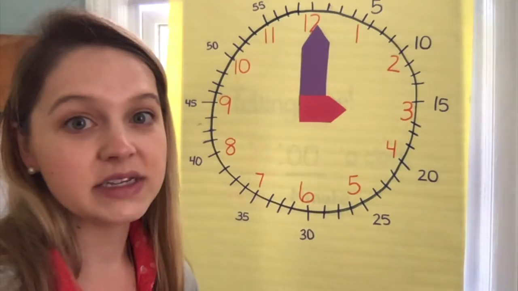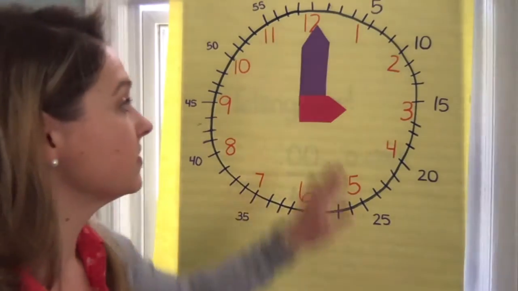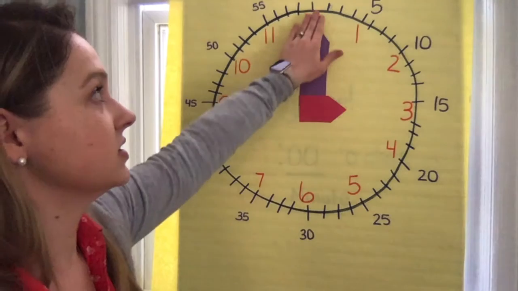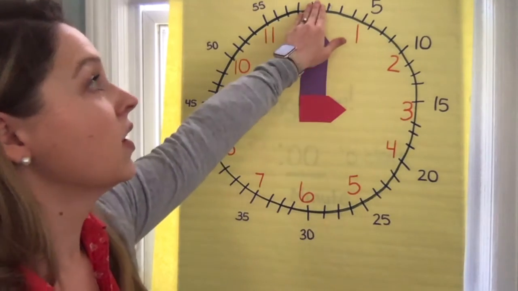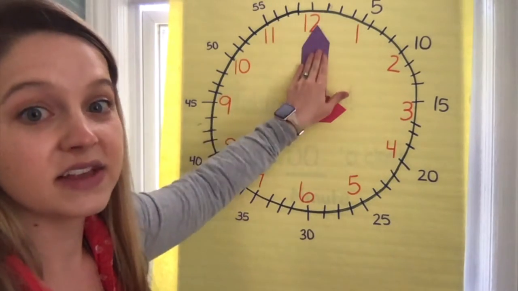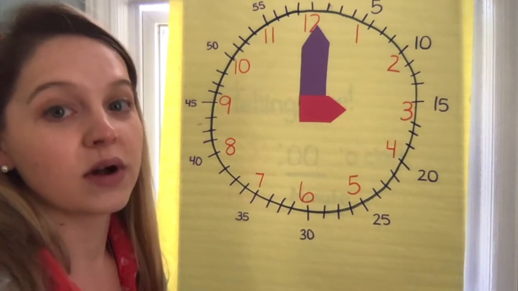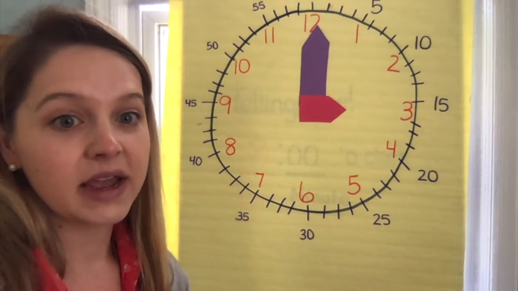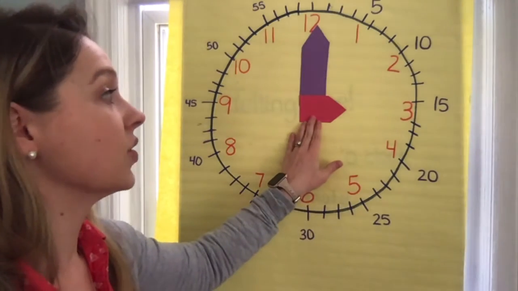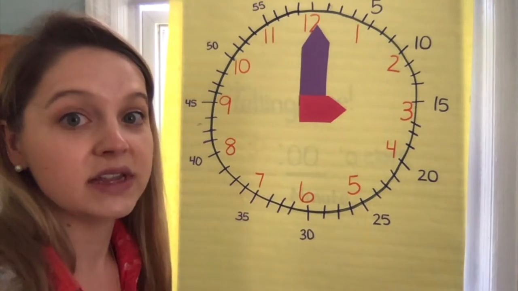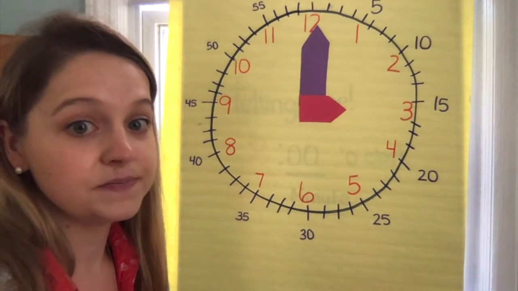Today, when we read times on our analog clock, the minute hand is always going to be pointed to the 12 or the 0, and this is where we say o'clock. We're going to be paying attention to which number the red hand is pointing to read the different hour that it's at.